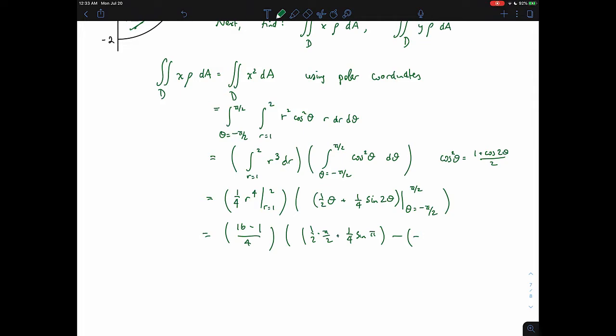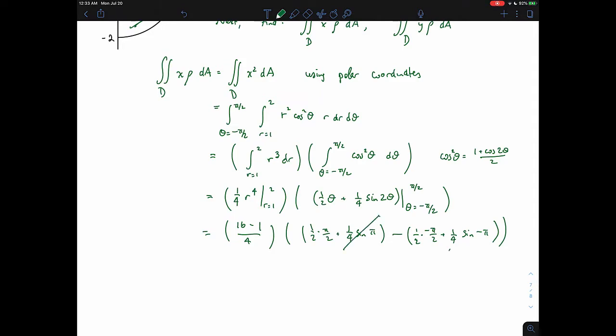So we'll have a half times minus pi over 2 plus 1/4 sine minus pi. All right, well, sine pi is 0, sine minus pi is 0. This is 15/4 times pi over 4 plus another pi over 4, so in other words, pi over 2. And we end up with 15 pi over 8 for the value of this integral, the integral of x times rho.